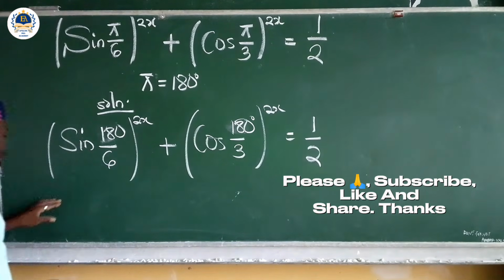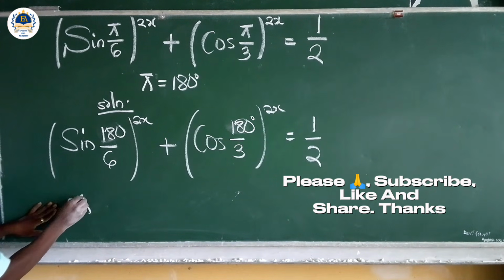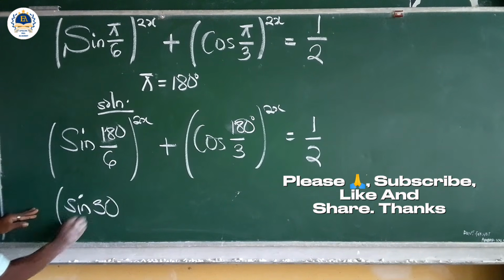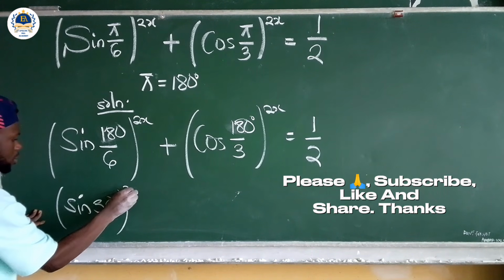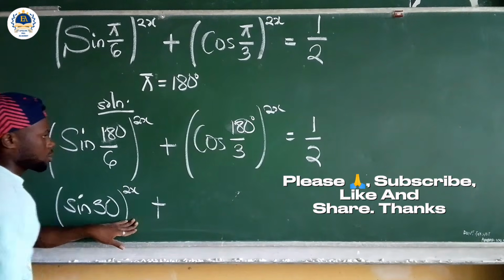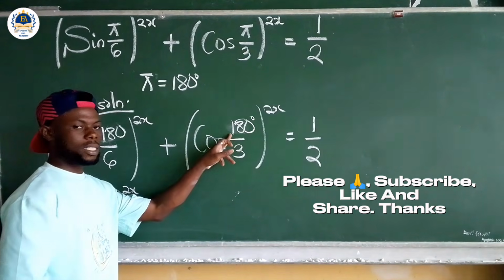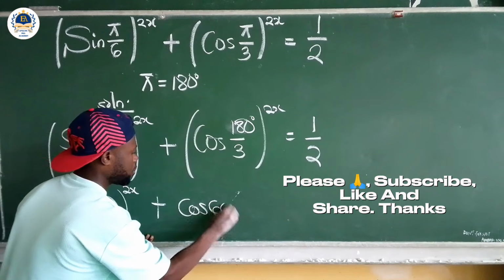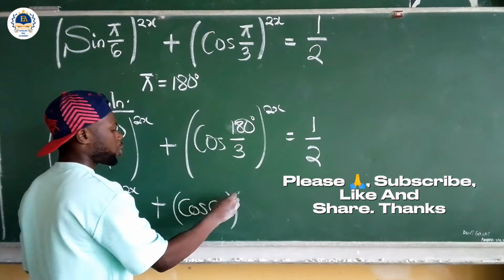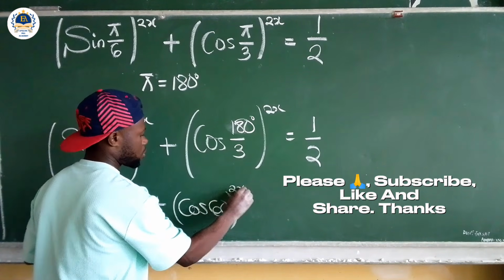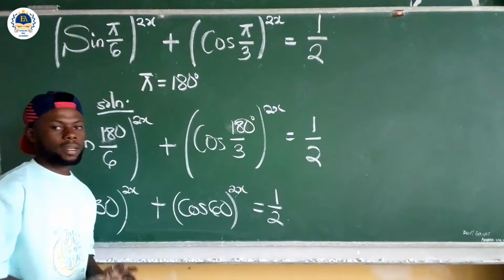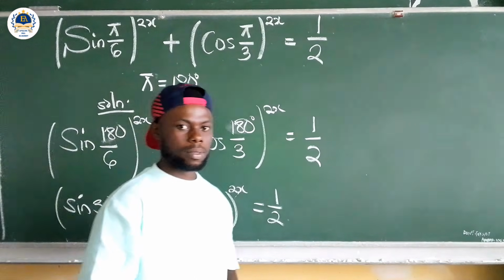That gives sine of 180 divided by 6, which is 30, raised to the power of 2x, plus cos of 180 divided by 3, which is 60, raised to the power of 2x. And this is equal to 1 over 2. That is the very first approach.